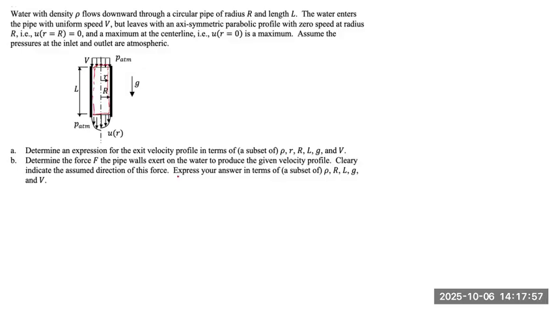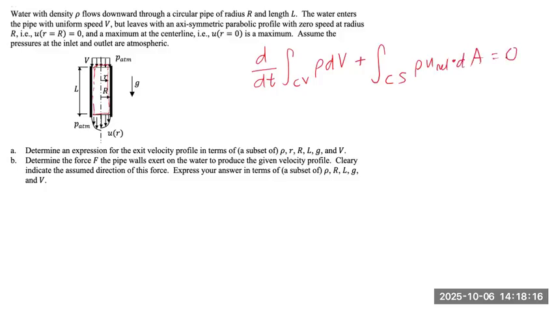And so our conservation of mass equation looks like this: d/dt of the integral over the control volume of rho dV, plus the integral over the control surface of rho times u relative dot dA, and this is equal to 0.